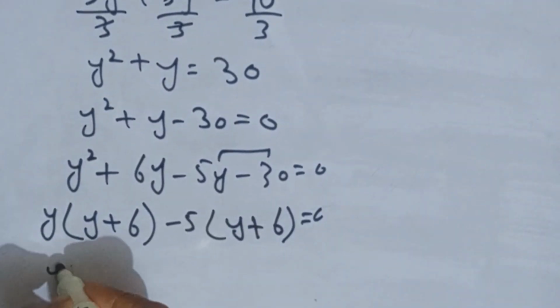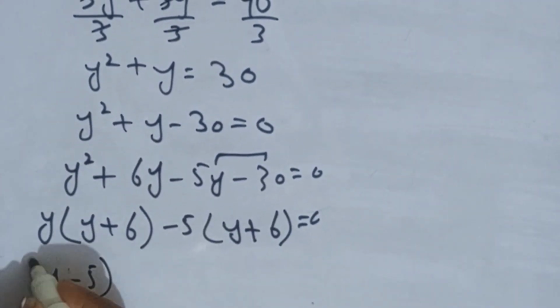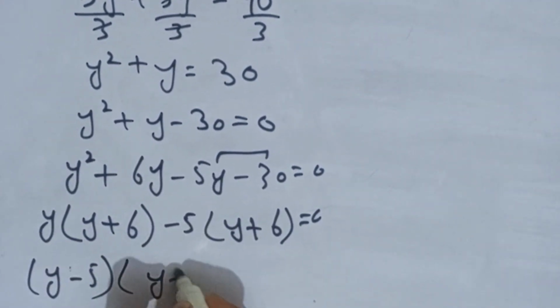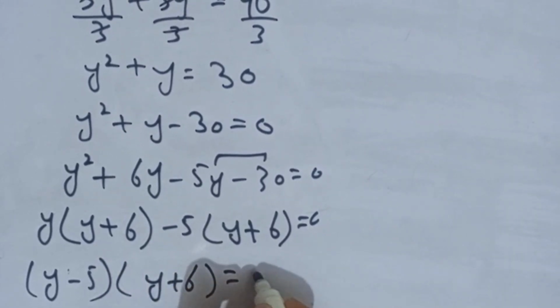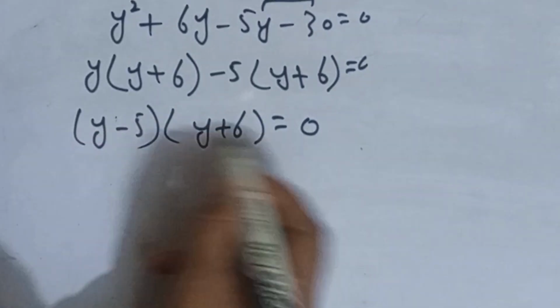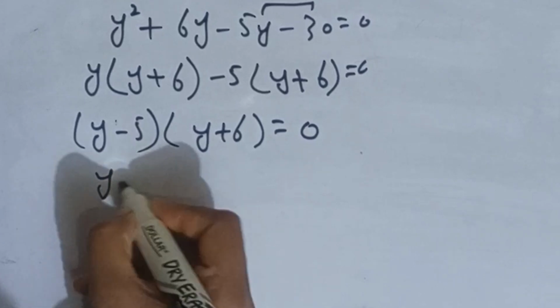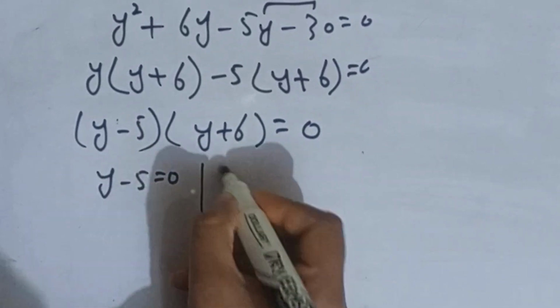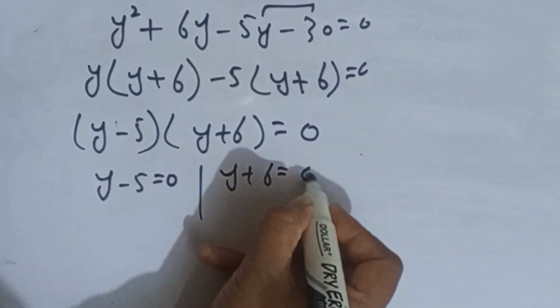We write this as (y minus 5) times (y plus 6). This is equal to 0. Now this implies one of them must be equal to 0. So y minus 5 is equal to 0, or y plus 6 is equal to 0.